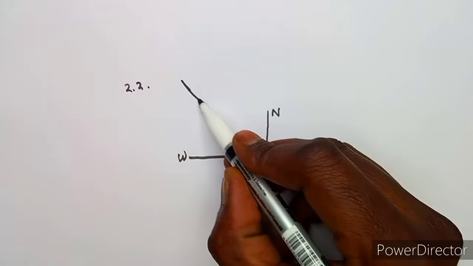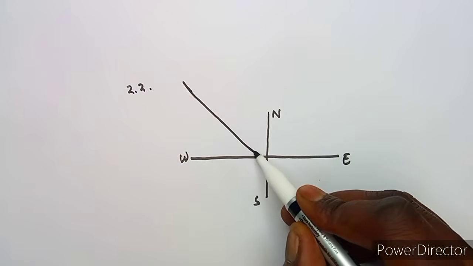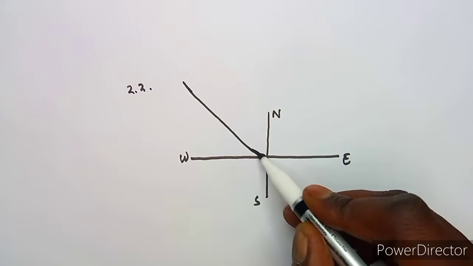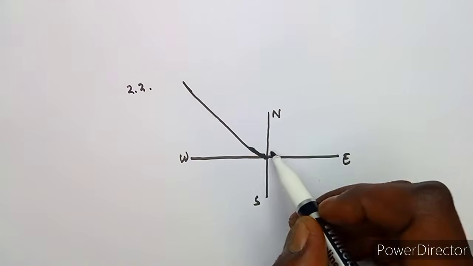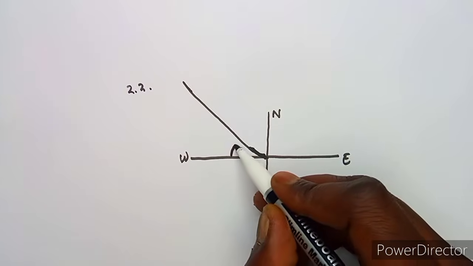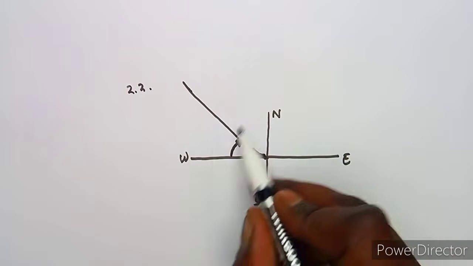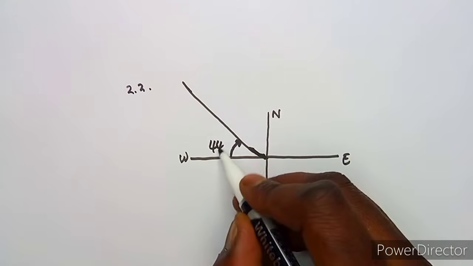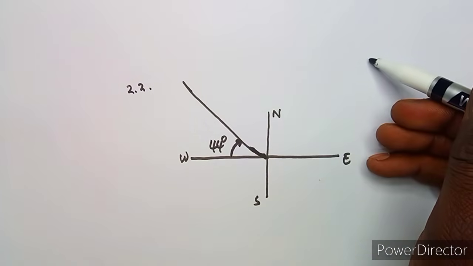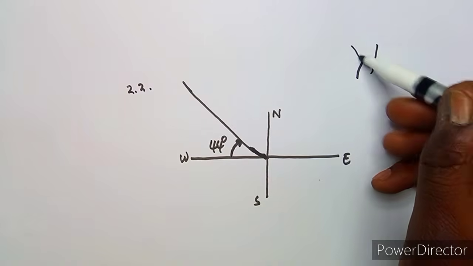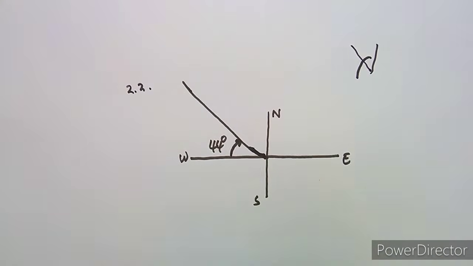So this is the angle that you are given, west going to the north, 44 degrees. If it was north 44, it would be going from the north to the west, like that. But this is west going to the north.